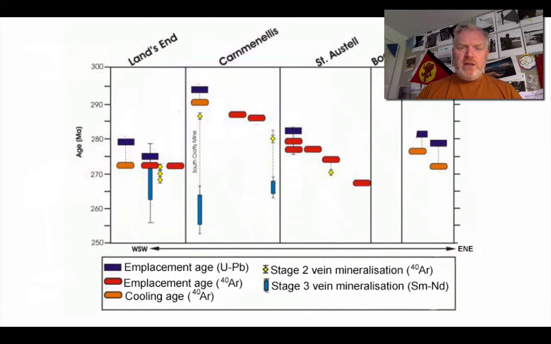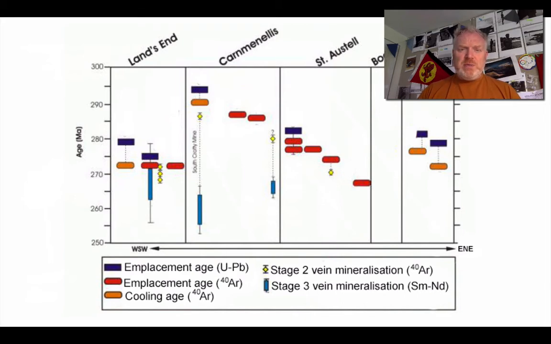There are uranium-lead dates, which are the dark blue rectangles shown on this diagram. And then there's the potassium-argon dates, which are shown with the red and orange ovoid shapes. There's an interesting pattern, I think, with all of these results, but perhaps we'll come back to that later.